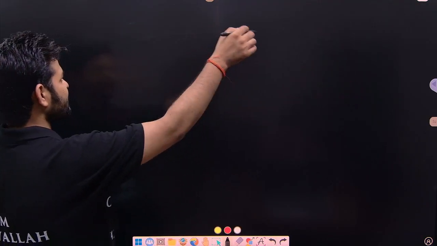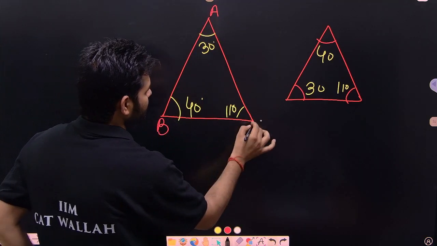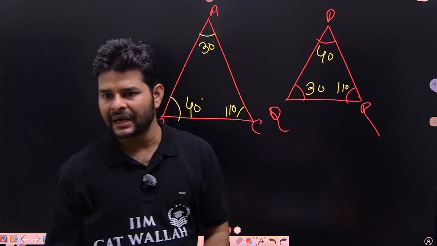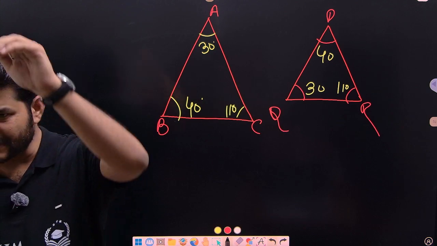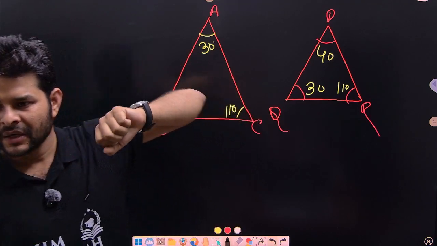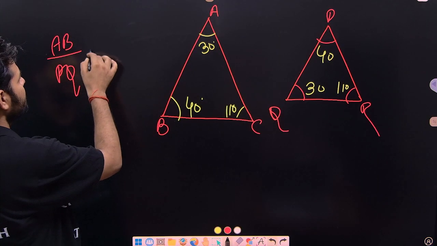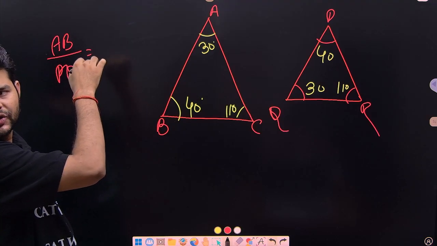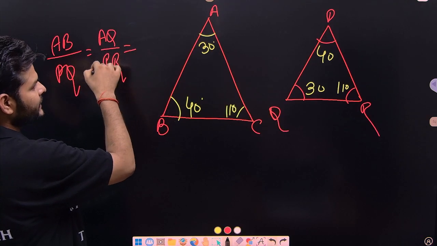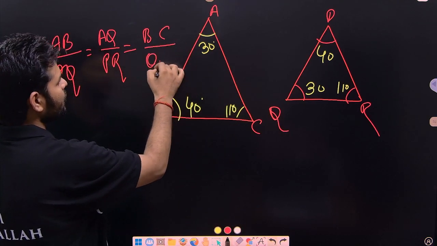So what was the similarity rule? If two triangles are similar, then the ratio of their corresponding sides would be equal. Corresponding sides means AB with PQ, that ratio would be equal to AC with PR, and that ratio would be equal to BC with QR.